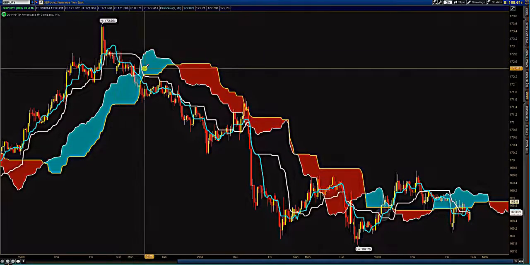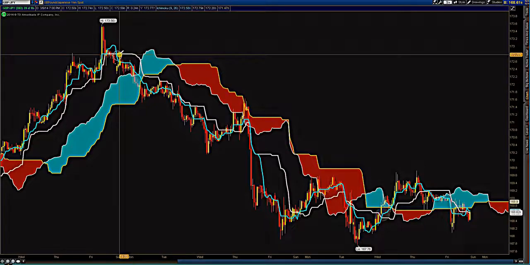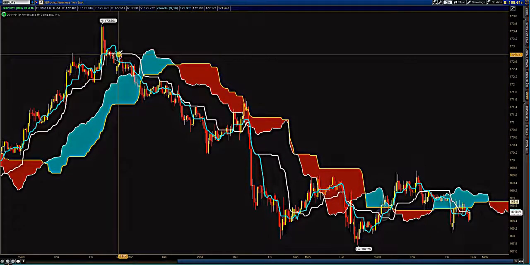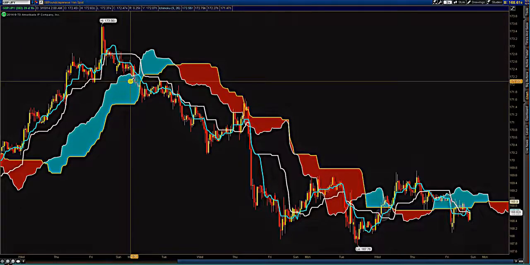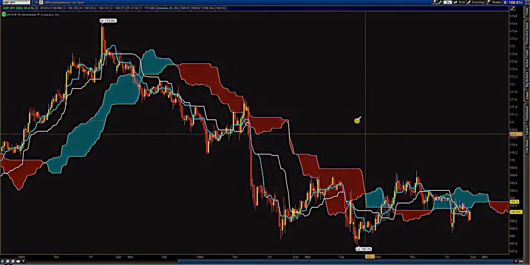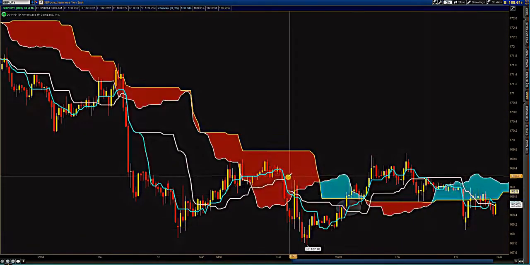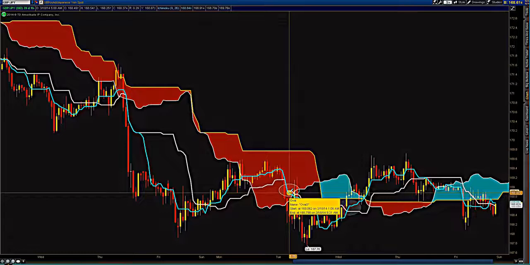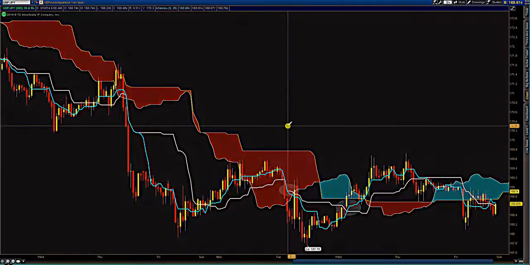A medium cross is when the crossover occurs within the cloud. In this case, a medium cross will be right here. The Tenkan crossed below the Kijun within the cloud. That's a medium cross because the components did not cross above the cloud, rather within the cloud.